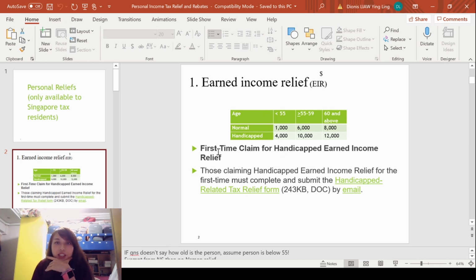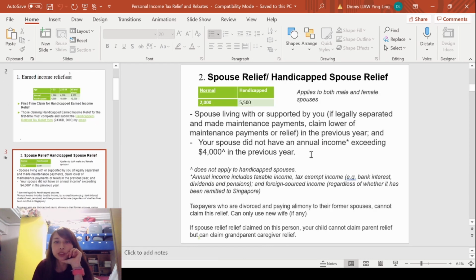For those who are handicapped, you need to submit a tax relief form. Basically you just check your age. If you are 55 and below, it's $1,000, and if you are handicapped, you can claim more relief.